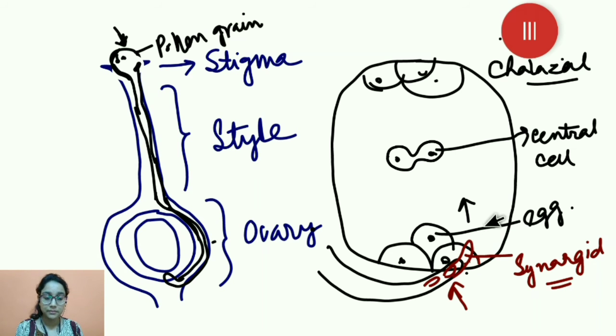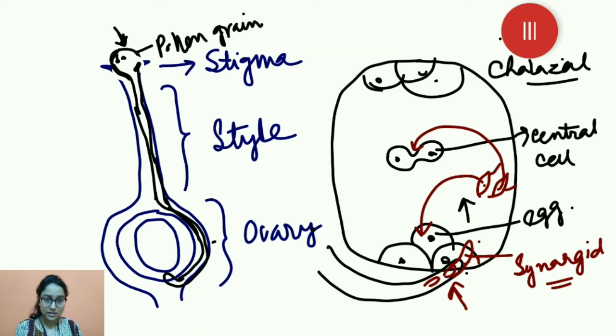After entering, the two male gametes get free. This is one male gamete, and this is the other. Now these two male gametes are going to fertilize: one fertilizes the egg cell and the other fertilizes the central cell.